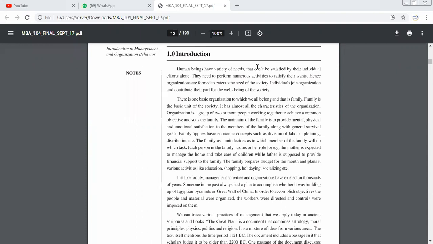In an organization also, if you are giving fruitful results, definitely your boss, your employer, your higher management authorities will give you more chances to work.